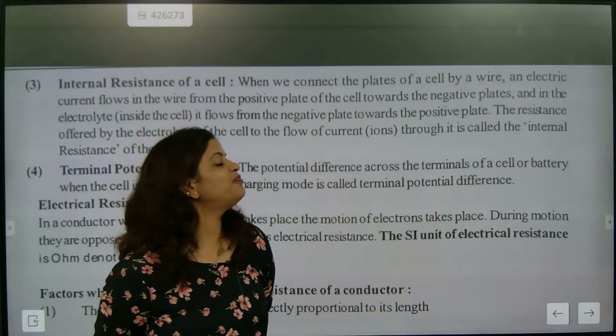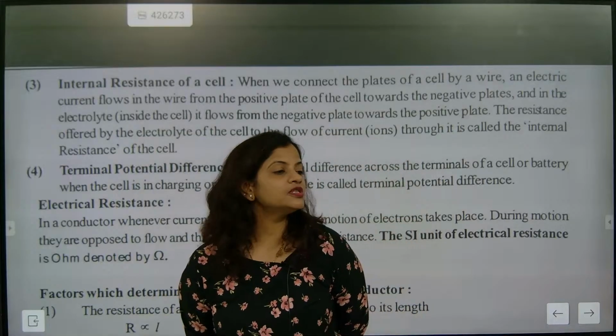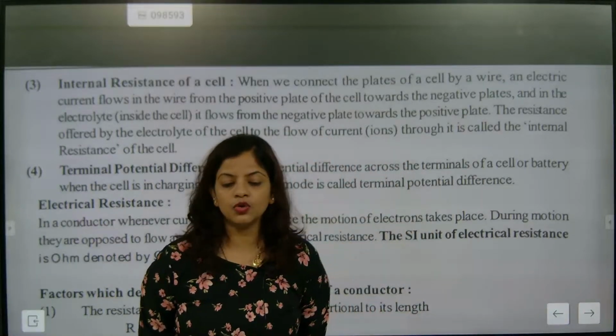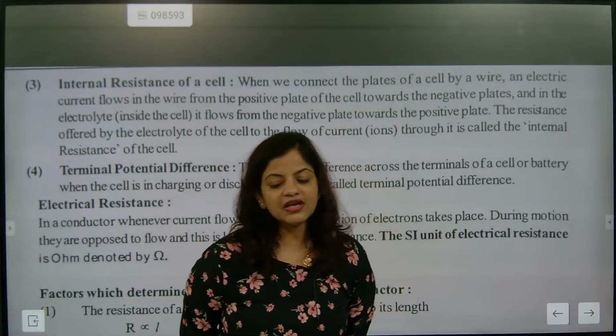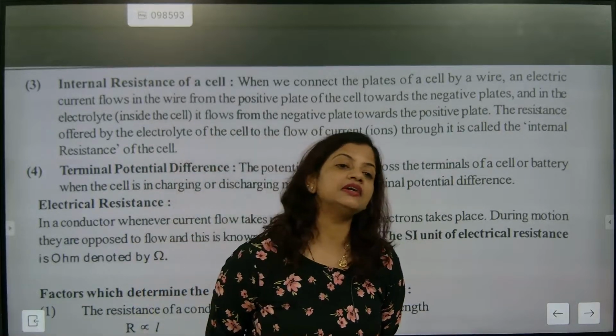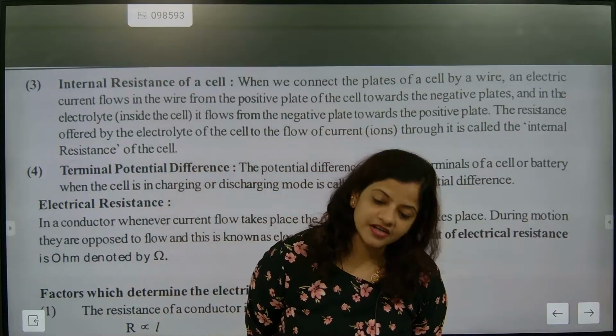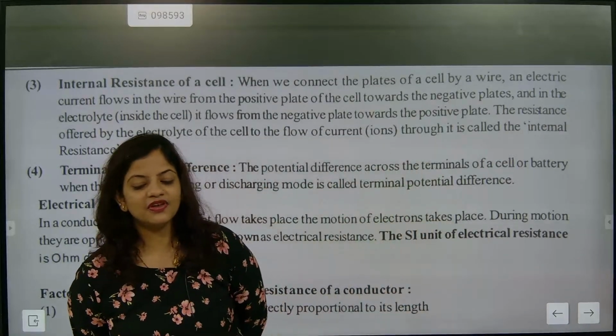Now please pay attention here. The most important thing is that a semiconductor acts as an insulator at low temperature, and acts as a conductor when you increase the temperature. That's what we learned in the last class.